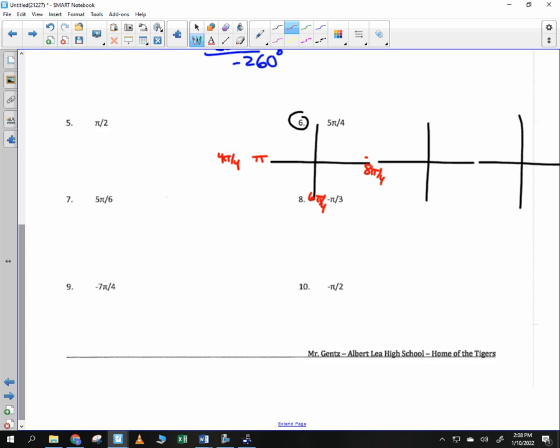So I'll draw that angle. So I would like that same location. If I want to find a positive one, I'm going to have to go around another 360 degrees, right?